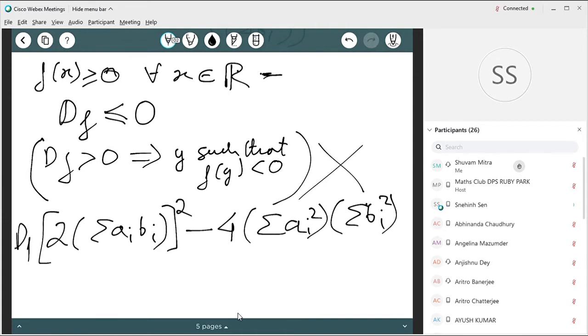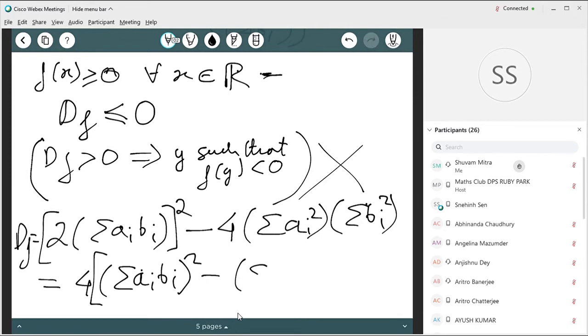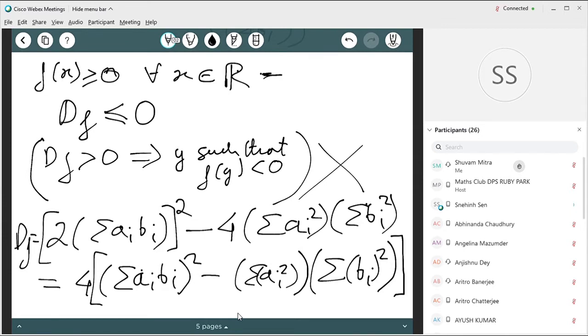Df is equal to this, but this is equal to 4 times, if I put a bracket over here, (sigma ai bi) whole square minus (sigma ai square) times (sigma bi square). Very good.